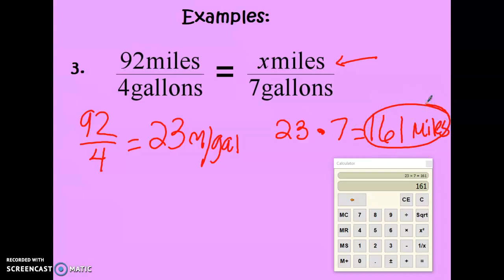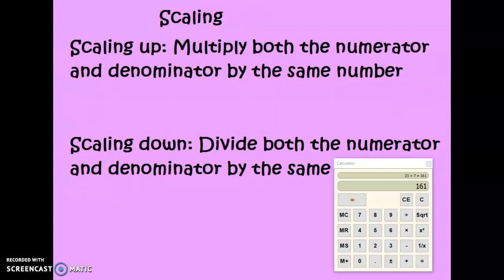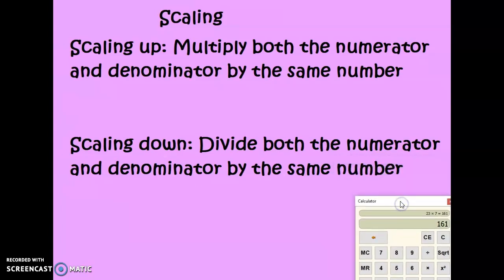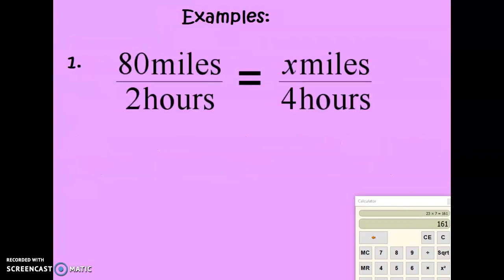Okay. Here's our next way that we can solve problems with proportions. We can either scale up or we can scale down. Scaling up means we're multiplying the numerator and the denominator by the same number. Scaling down means we're dividing by the same number. Okay? And don't forget, whatever you do to one, you have to do to the other.